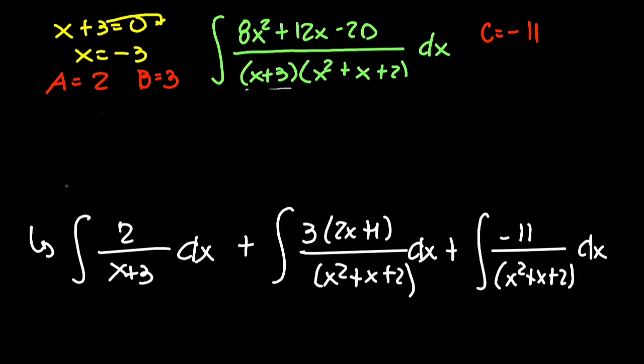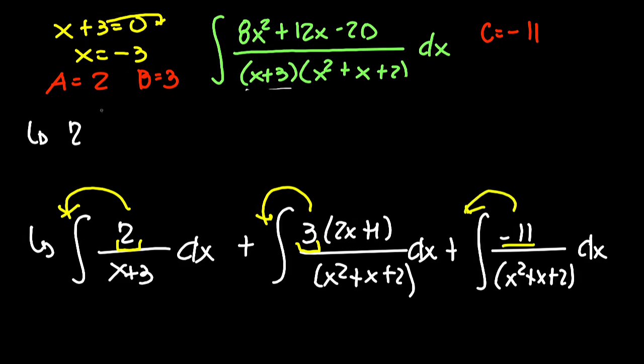Now that we are in this situation, we can put all constants first outside the integral. So put 2 outside, put 3 outside, and put negative 11 outside the integral.